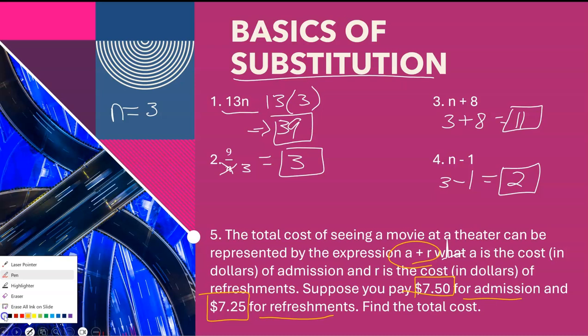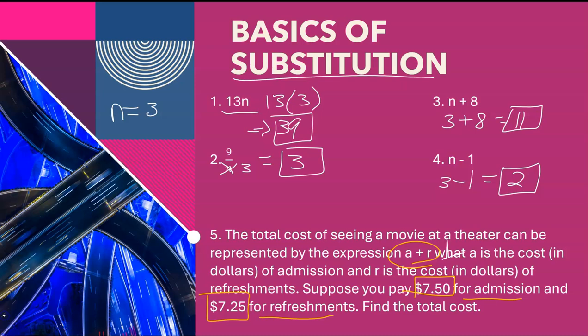Putting those two values into the expression A plus R, we get $7.50 plus $7.25, which gives us a total spending value or cost of $14.75 to go to the movies that day.